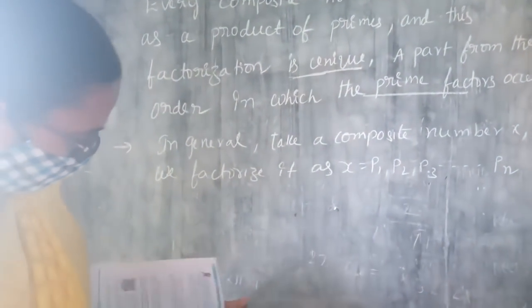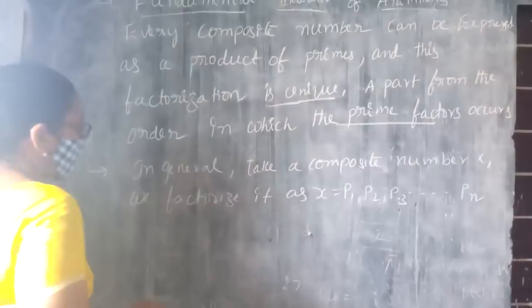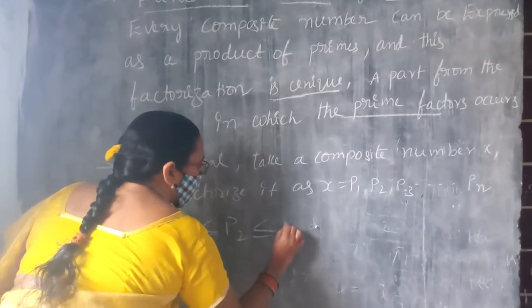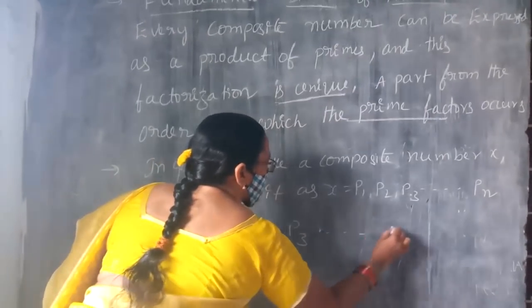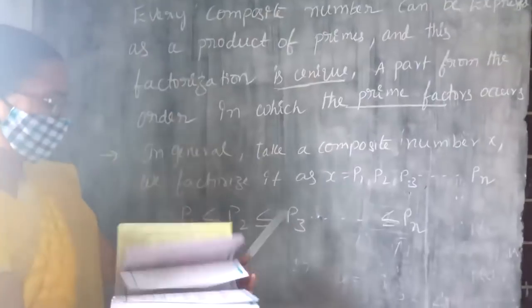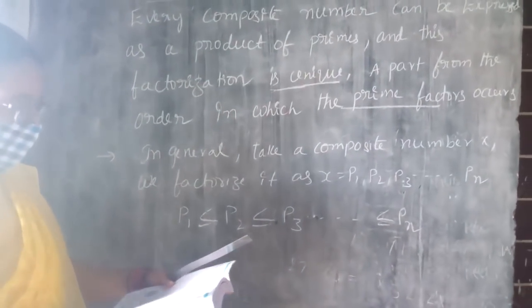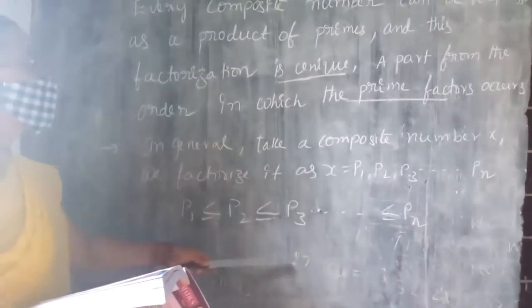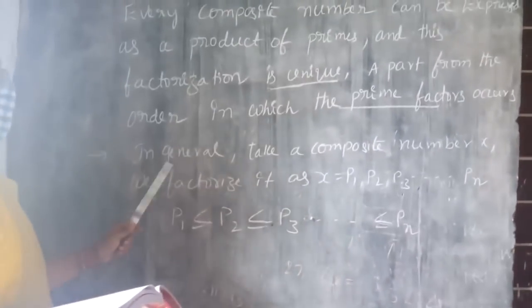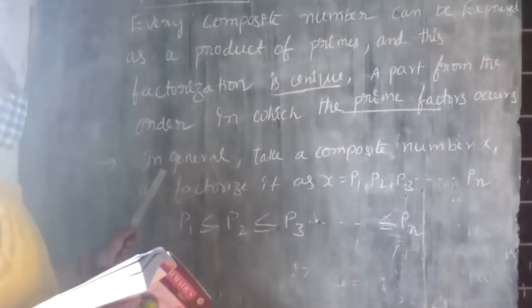Here p1 is less than or equal to p2, less than or equal to p3, and so on, less than or equal to pn. The prime numbers can occur in any order. This is the general form of the fundamental theorem.